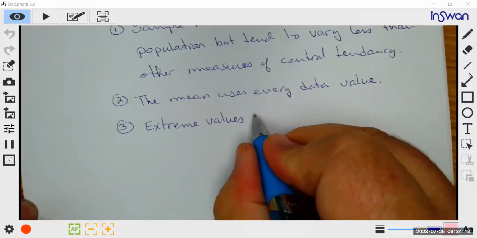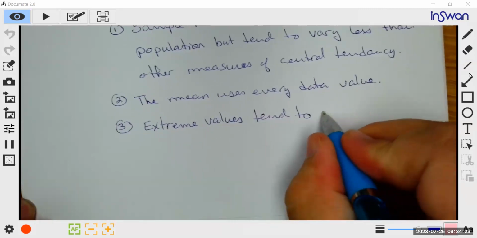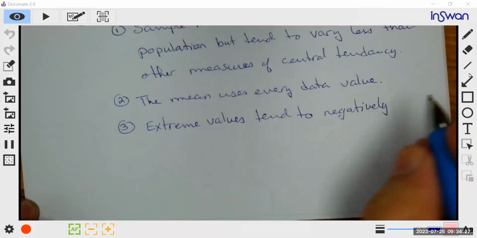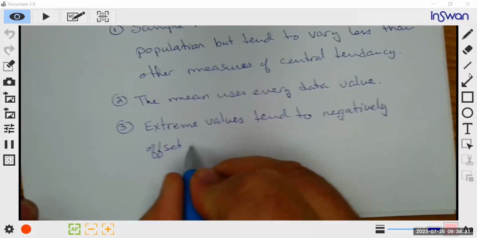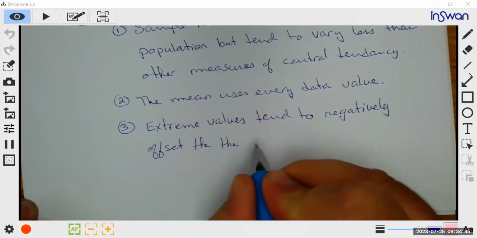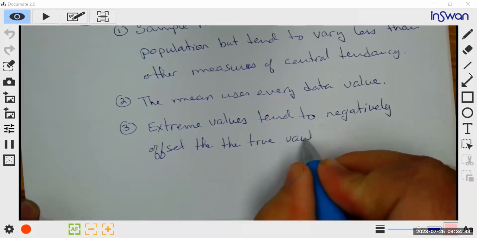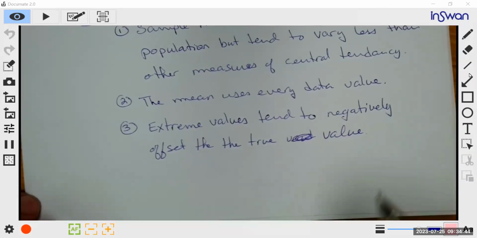Extreme values tend to negatively offset the true value of the mean.